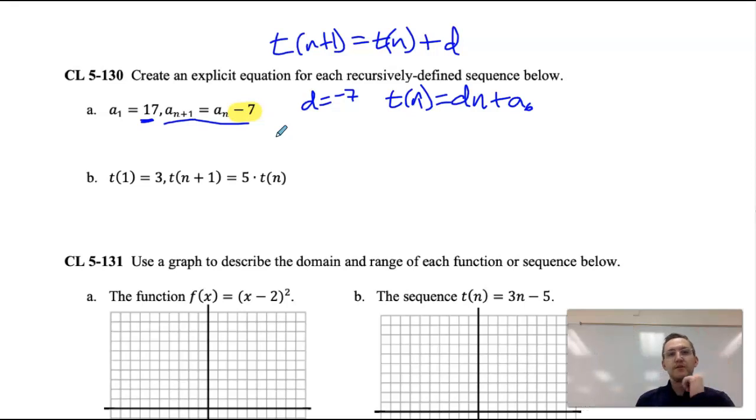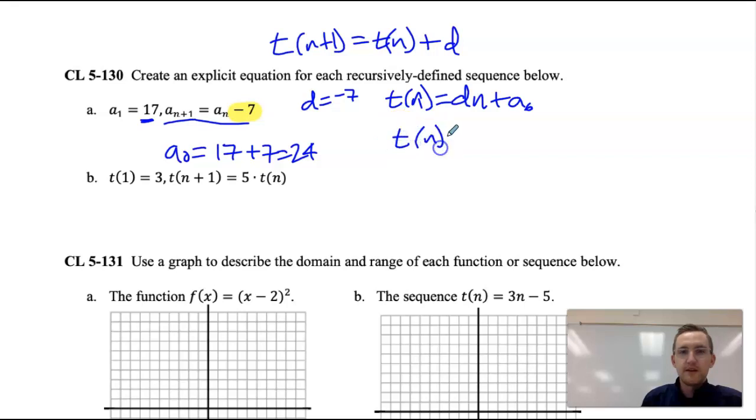We'd have to go up once. We have to do the opposite of our difference to get that. So we know that a sub 0, that very first term in the sequence, we have to add 7 to 17 to get 24. So our equation for this is going to be t of n equals minus 7 times n plus 24.